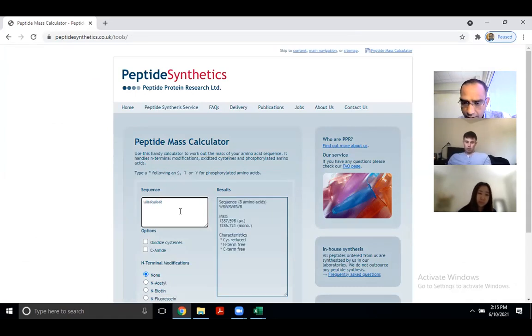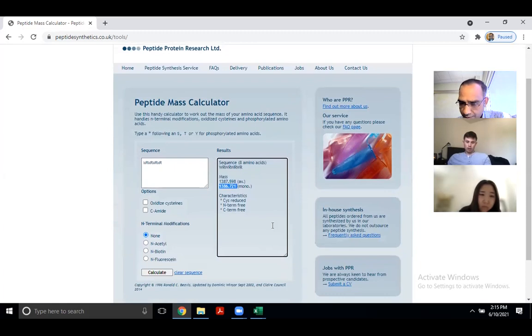Okay, and then I will click. What is the mass? 1386. So if I make 1 mole of this W4R4, what will be the mass of that peptide?